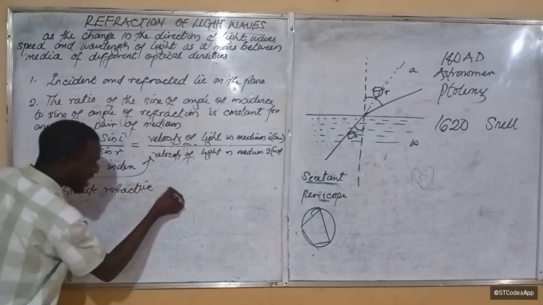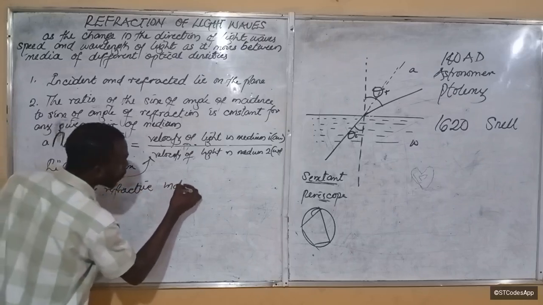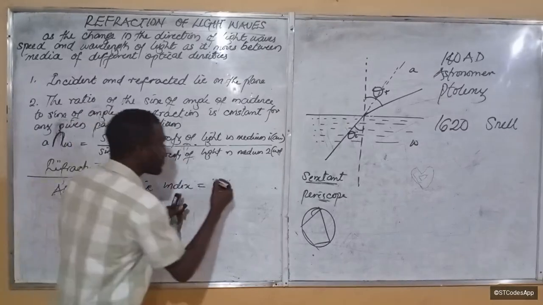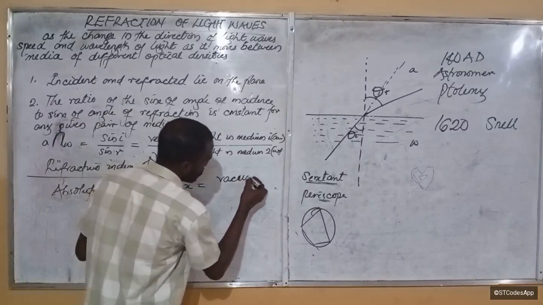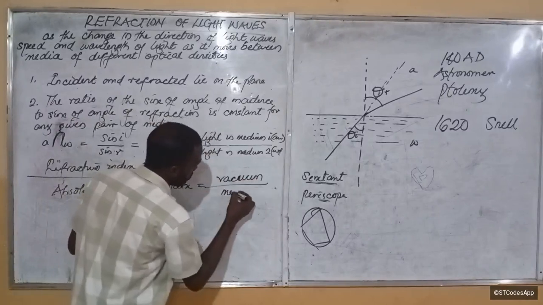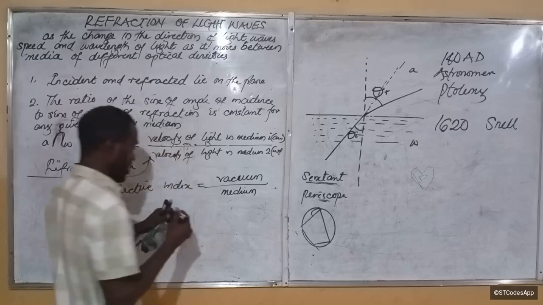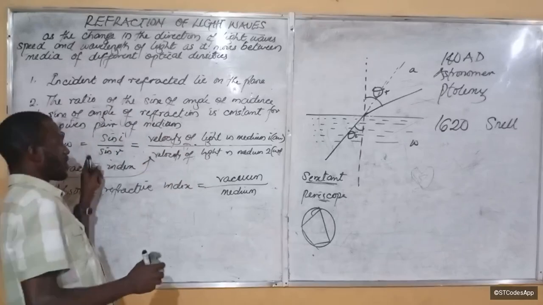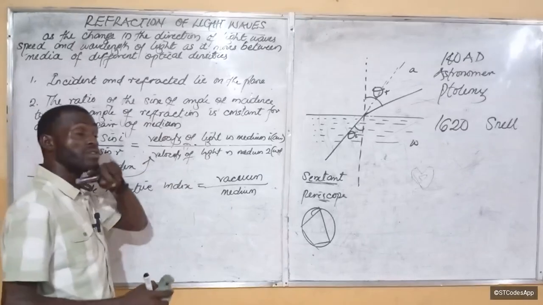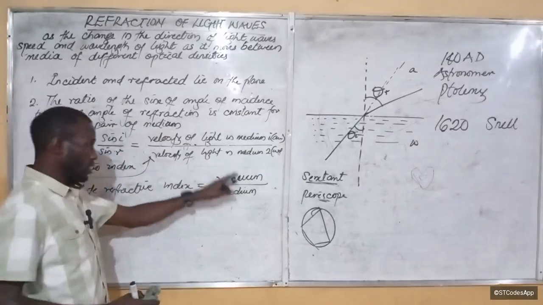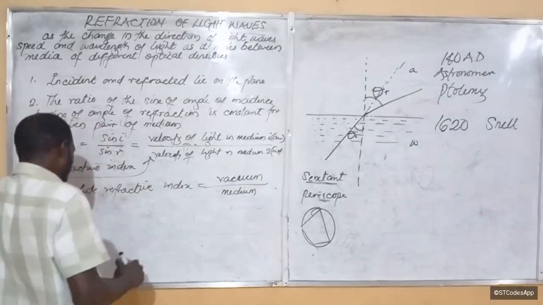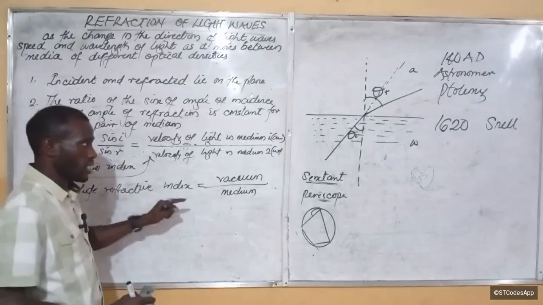Now the absolute refractive index only occurs when the light is traveling from vacuum to a medium. So what does that mean? If we are taking the sine of the angle of incidence in vacuum over the sine of the angle of refraction in the medium, what will be observed is the absolute refractive index.